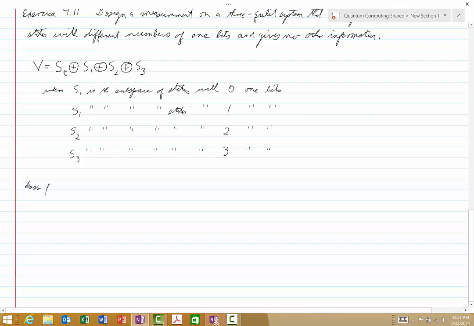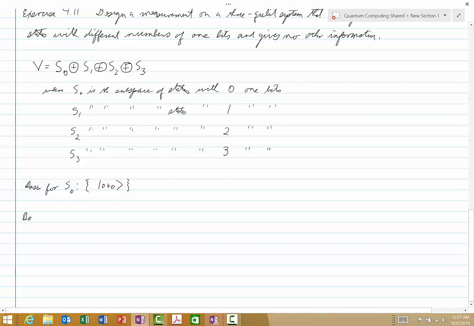Basis for S0. Well, there's only one state that has no 1 bits, and it is the 0, 0, 0 state. So this is just a one-dimensional subspace.